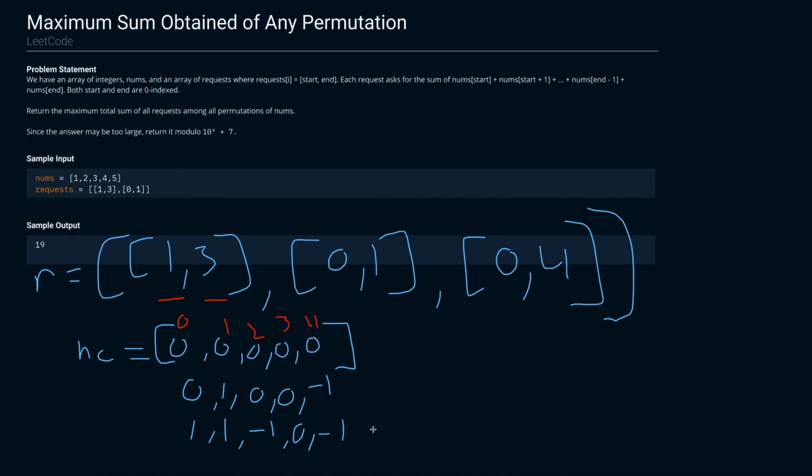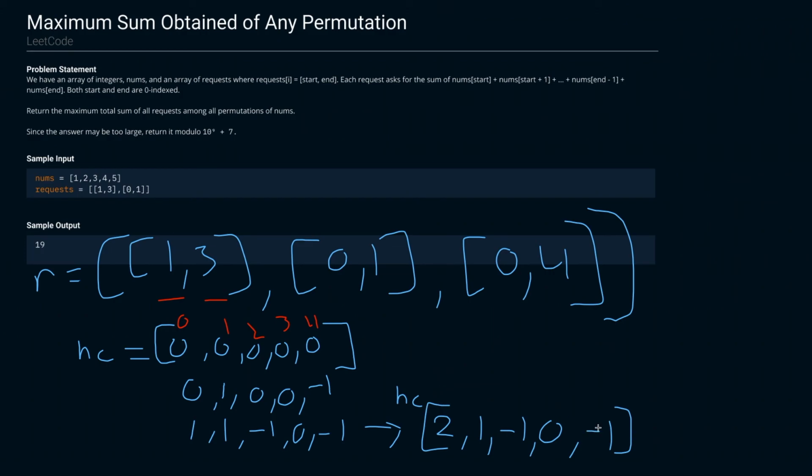And we're getting short on space here, so we'll go to the right. And after we process the fourth request, what we're doing is we're saying, okay, this is 2, 1, negative 1, 0, and negative 1. All right, so after we processed all our requests, we have this new structure here, HC, for our hit counter.